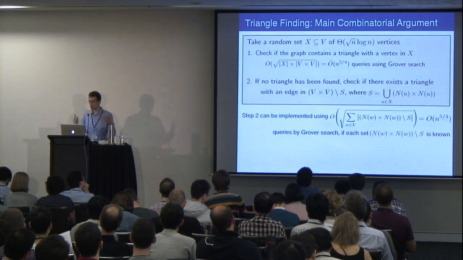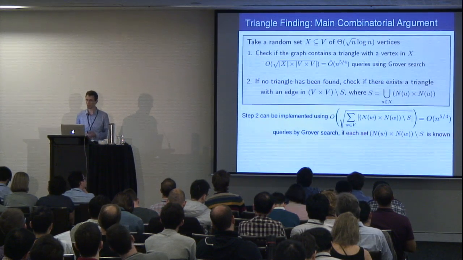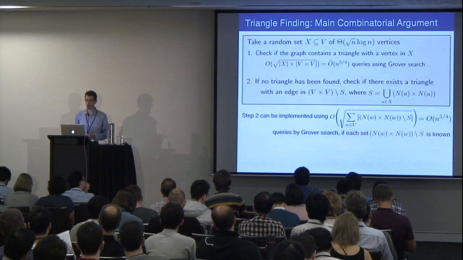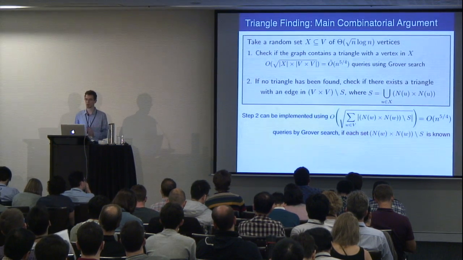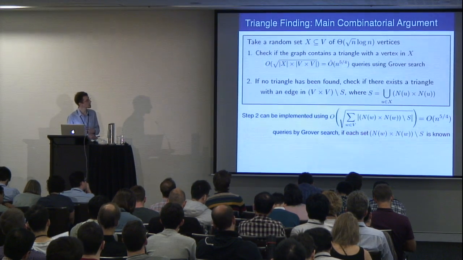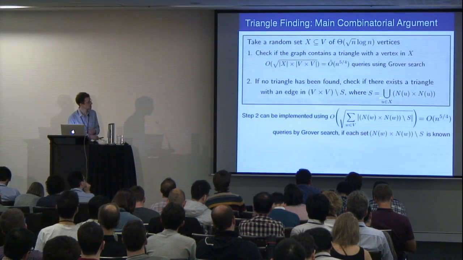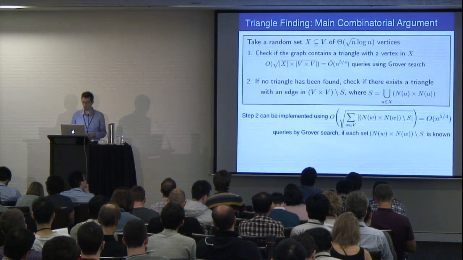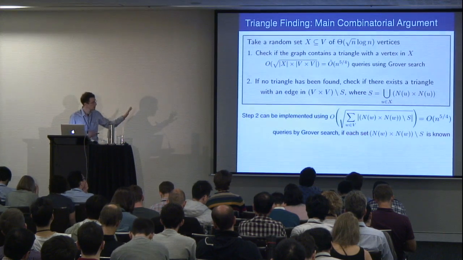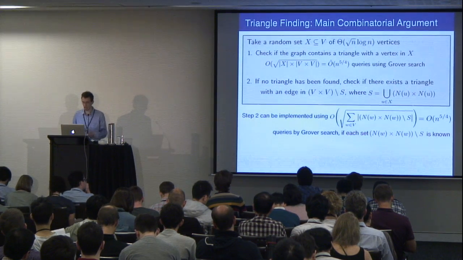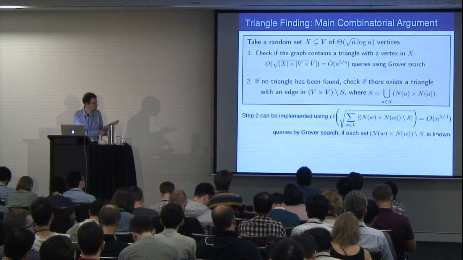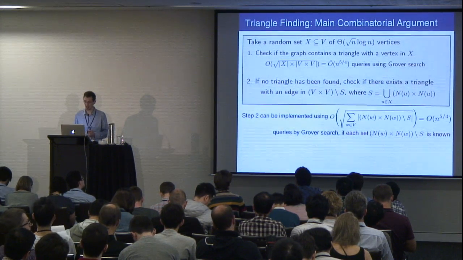So to summarize what we have done, we had a high-level strategy for checking if the graph has a triangle in 2 steps. The first step uses Grover search, and the second step exploits the sparsity of these sets. We observe that if we know these sets, then we can implement step 2 directly using Grover search, but we don't know how to construct these sets efficiently.